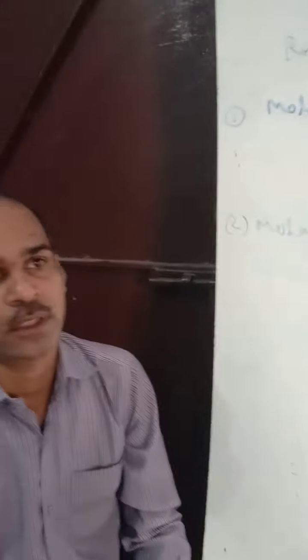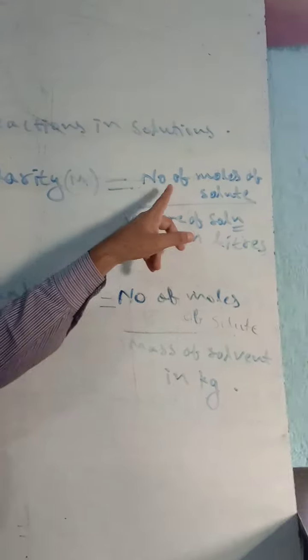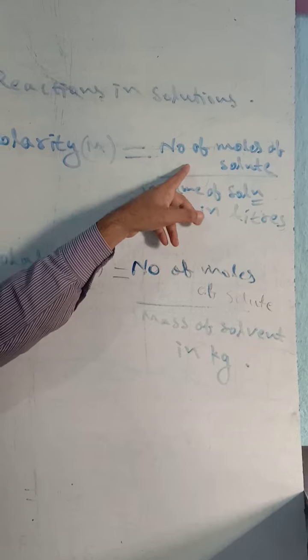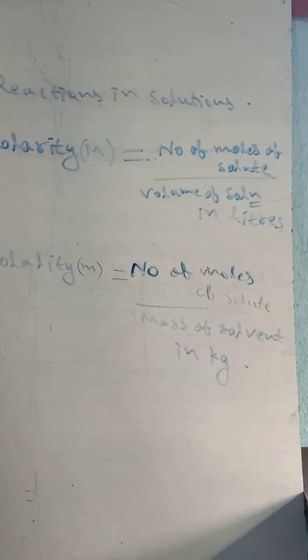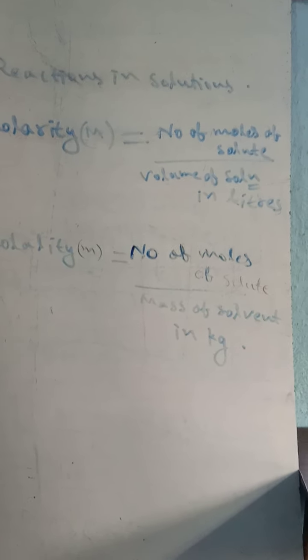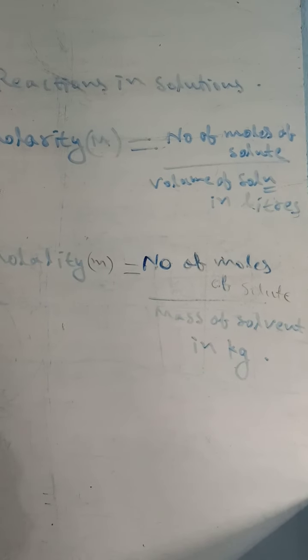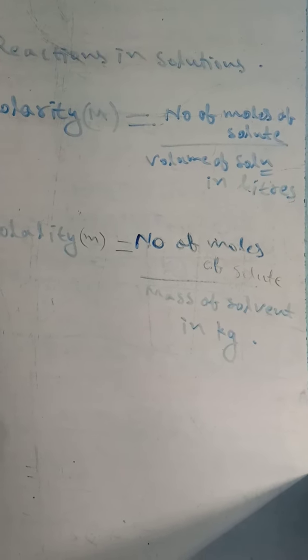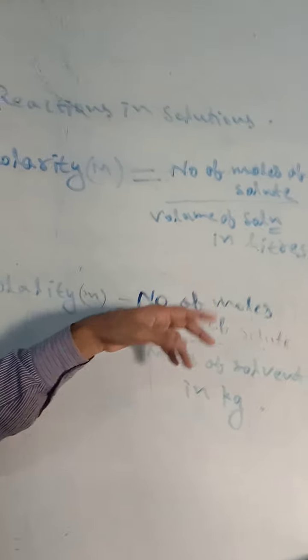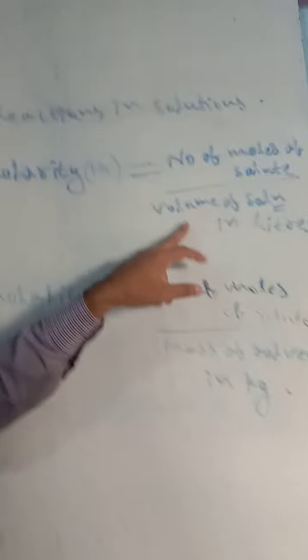It means 40. Then for determining the number of moles of solute, it means 20 by 40, which is 1 by 2, it means 0.5. The solution given is 1 liter, so 0.5 by 1 liter.